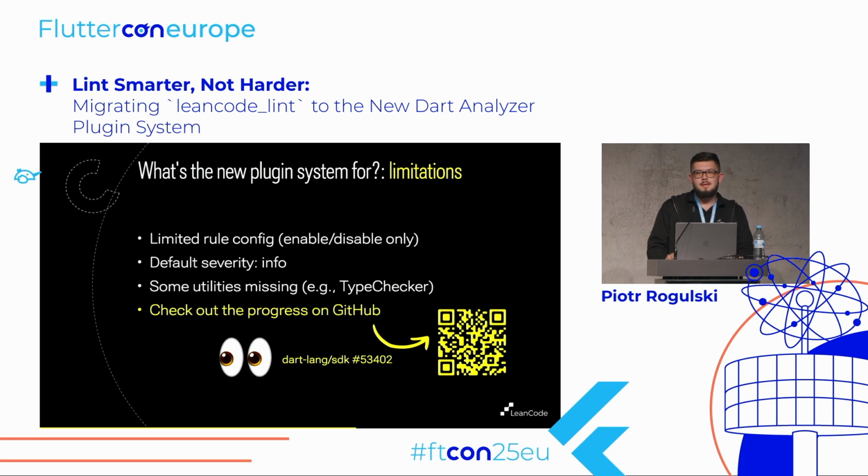One of the, let's say, trademark features of custom lints before was that you could provide custom lint config through the analysis options, so that you can specify your preferred settings for the lints. This is also missing, but we'll get that hopefully soon.